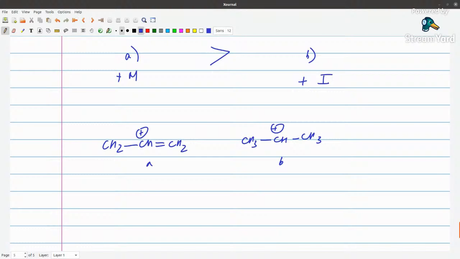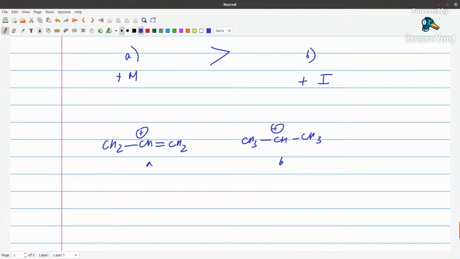See, the second one will show the plus I effect, hyperconjugation and plus I effect. What's the second one? The first one. Yes, Nurul is right. B will not show, Tanuf, B will not show resonance. Yeah, Sneha is right. Yuti is right.